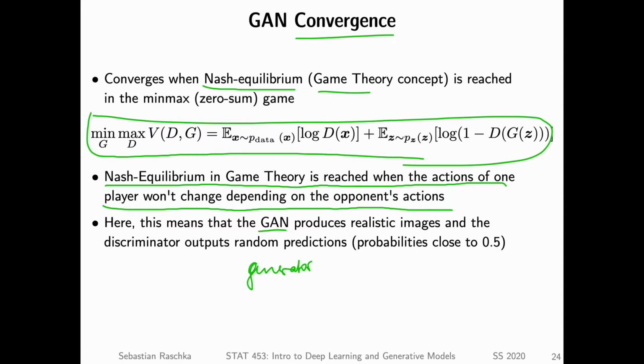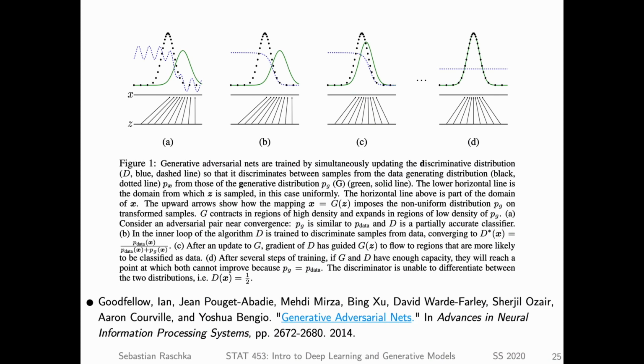Here's another figure from the Generative Adversarial Network paper. In this figure, they are illustrating the process of reaching the Nash equilibrium. Recall, the Nash equilibrium is the state where the generator produces realistic looking images, and the discriminator is unable to tell whether a given image is real or not. So it outputs 50% probability in both cases.